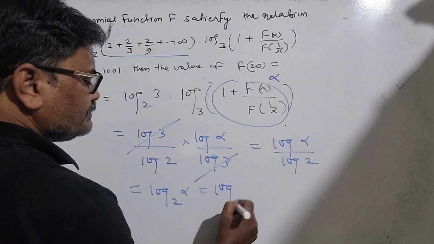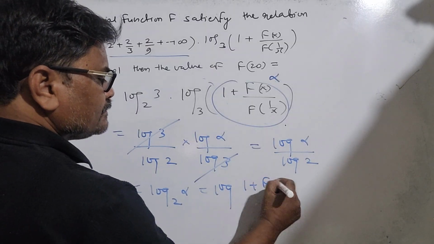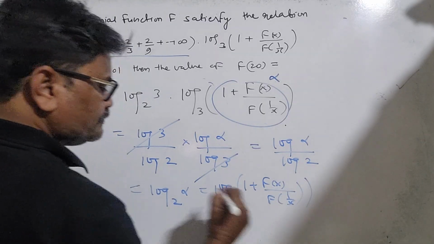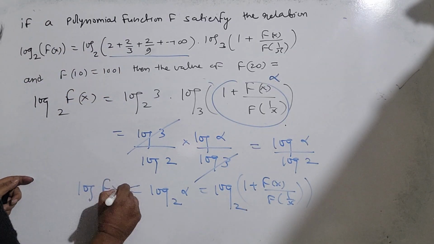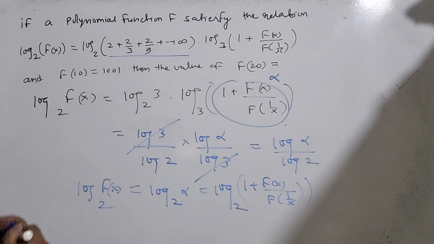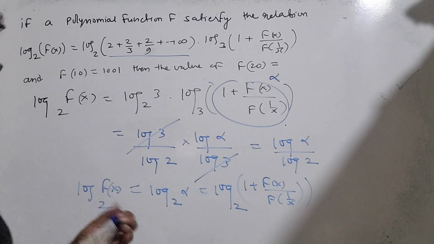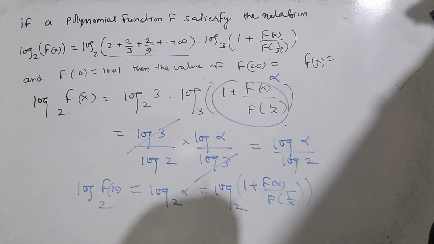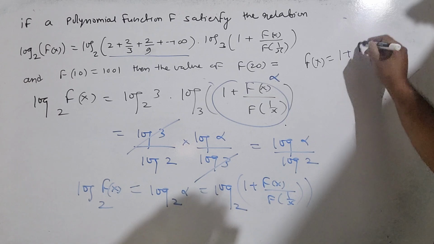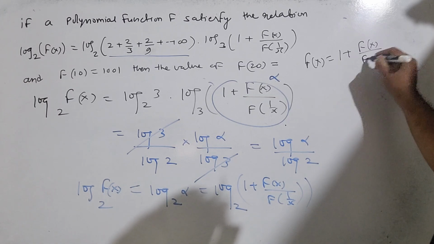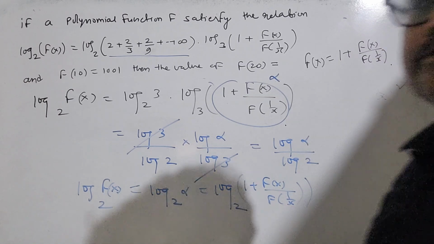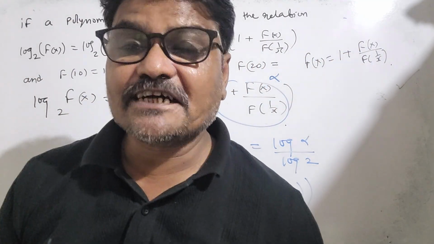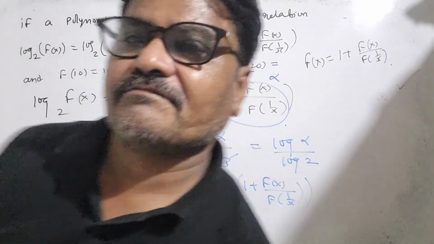That is log of alpha is 1 plus f(x) f(1/x) to the base 2, and this is log of f(x) to the base 2. So therefore I can find out f(x) directly. What is f(x)? This is 1 plus f(x) divided by f(1/x). This is your f(x). Now here we have come to the concept of functional equation, correct?